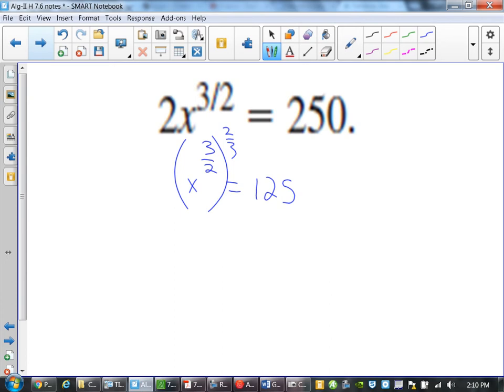But I did 2/3 power on one side, so I have to do 2/3 on the other. Now, 125 to the 2/3, believe it or not, you can do in your head. What's the cube root of 125? 5. Square it. 25.